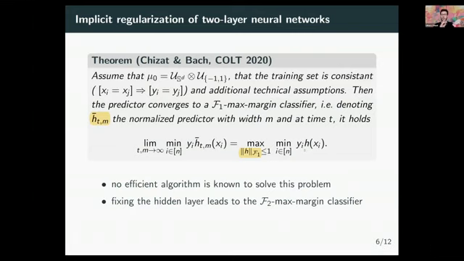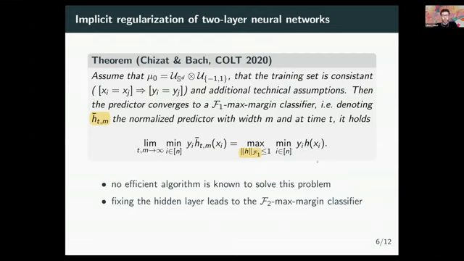So we use this property, and we also use a fact that comes from prior works: when we initialize an infinitely wide two-layer neural network with enough diversity at initialization, then we are able to escape the neighborhood of spurious stationary points. So we combine all these ingredients to obtain this sharp characterization of the learned predictor.